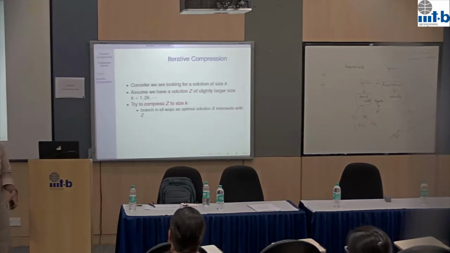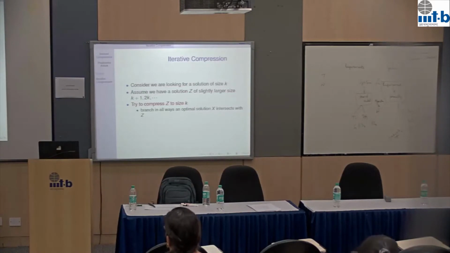When I say guess, I mean you consider all possibilities for it and you branch on it. You independently compute each of them. So branch in all ways an optimal solution x can intersect with z.